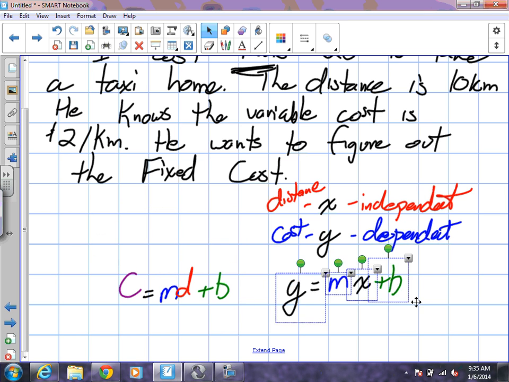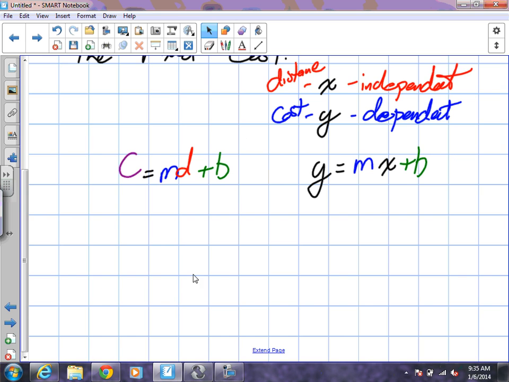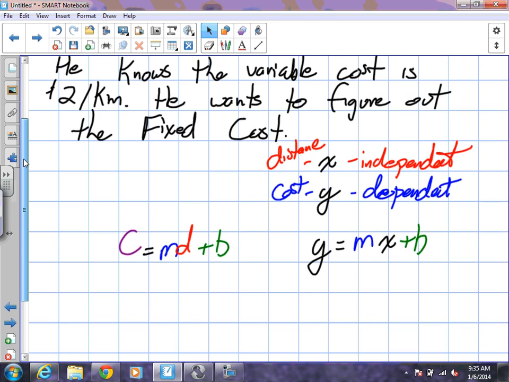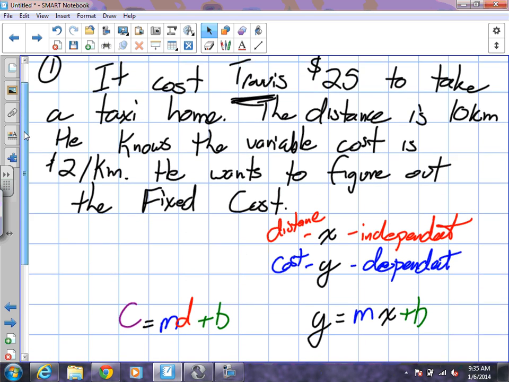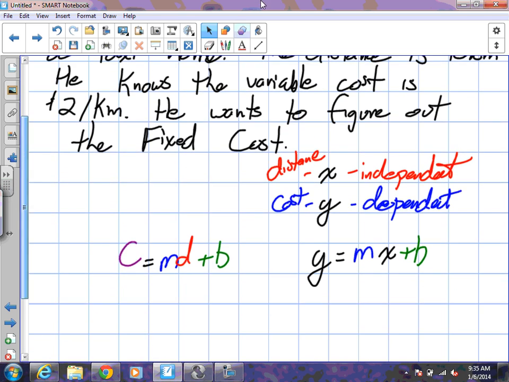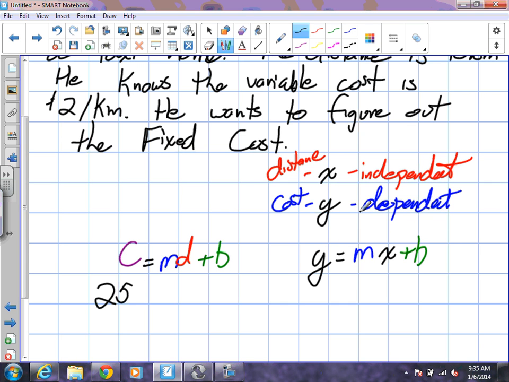What was Travis's total cost to ride in the taxi? $25. Remember, cost was our C, so we have 25. And that was our Y, our dependent, so we'll replace Y with 25. It still ends up being the same equation. Our M, what is our M in this case? You're right, it's going to be 2, because our variable... I guess maybe we should define it first.